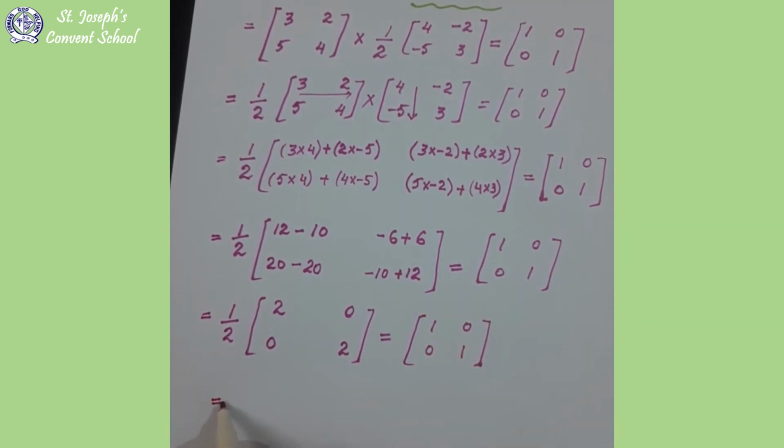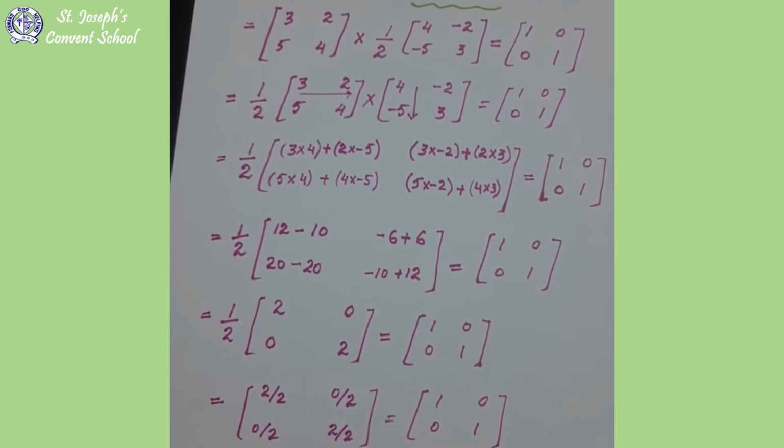Now 1 upon 2 into this means all these elements divided by 2. 2 divided by 2, 0 divided by 2, 0 divided by 2, 2 divided by 2 equals 1, 0, 0, 1.